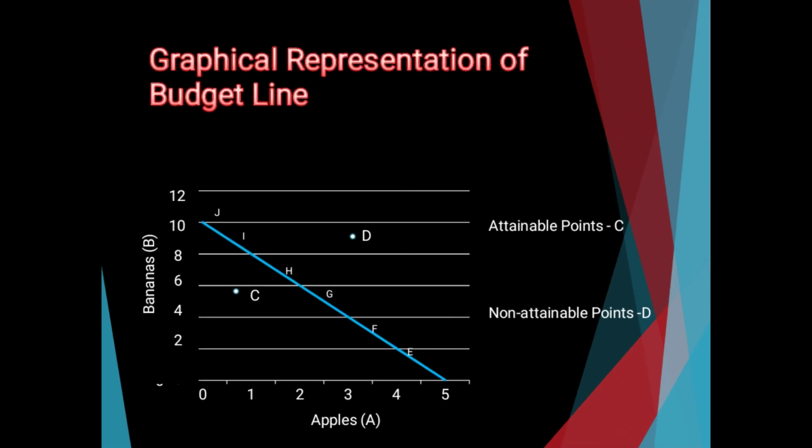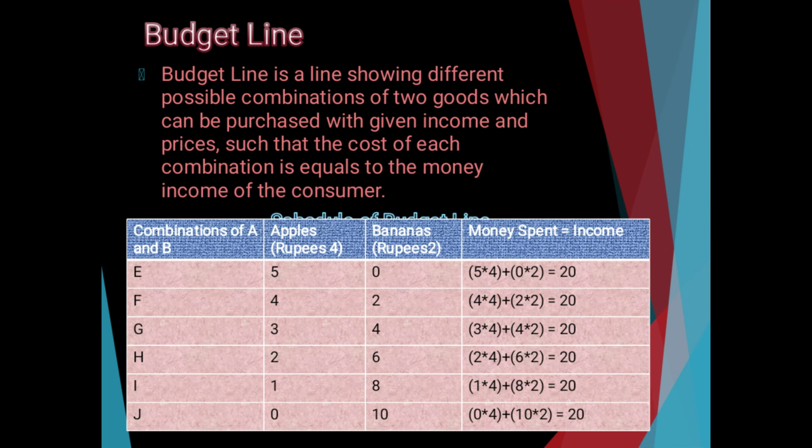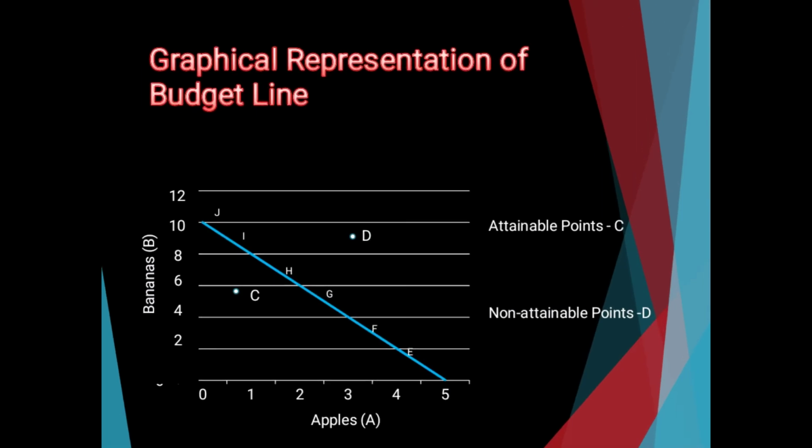Now we come to the graphical presentation of the budget line. When we plot these points on the budget constraint, the first combination is 5 apples and 0 bananas on the horizontal axis. In the second combination, we have 2 apples and 4 bananas.